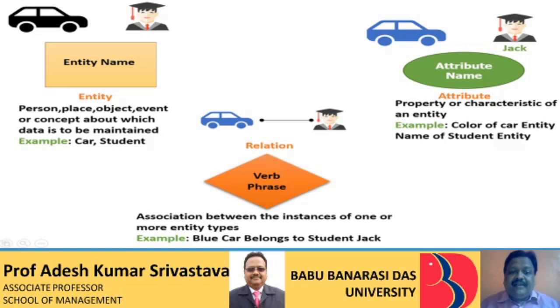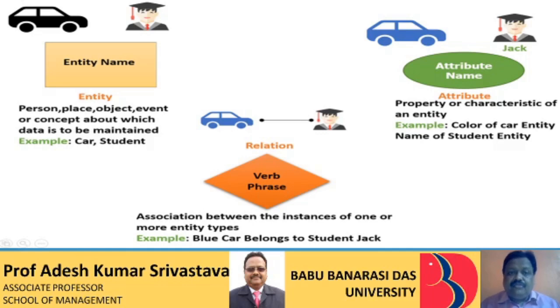Relationship represents the association between the instances of one or more entity types. For example, here the relationship may be a blue car belongs to student Jack. As you are seeing in the diagram, there is a blue car and there is a student. So what may be the relation? The relation may be a blue car belongs to Jack.